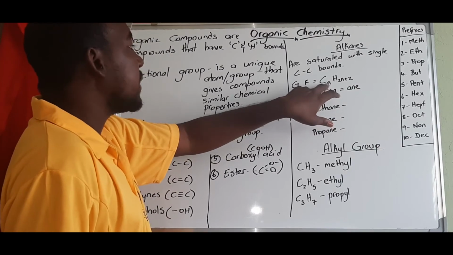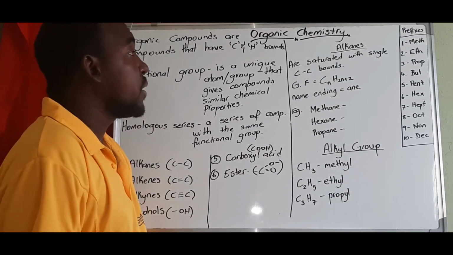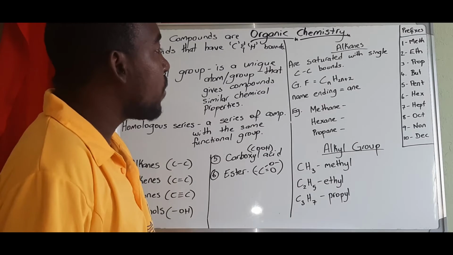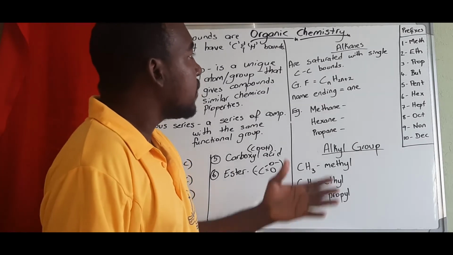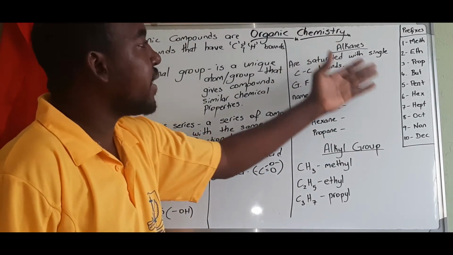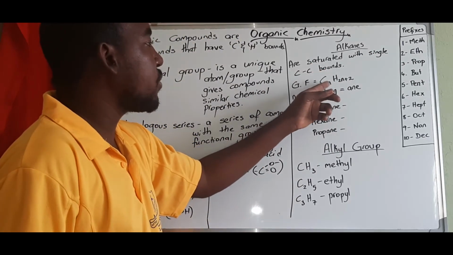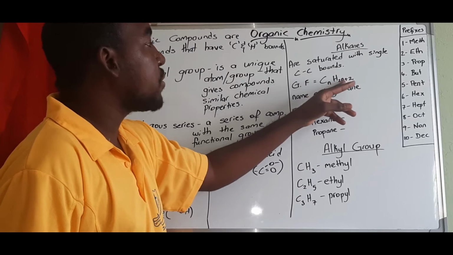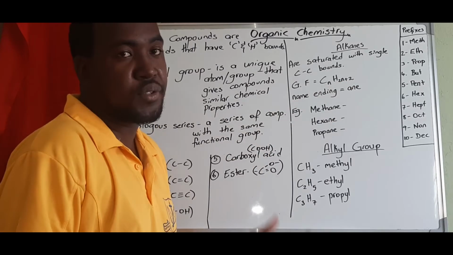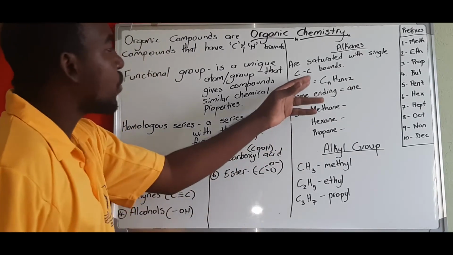The n represents the number of carbon atoms. So let's say you wanted to know the formula for an alkane with 3 carbons. n will be 3, so it's C3, and then H is 2 times 3, which is 6, plus 2 gives you 8. So that's how the formula works.